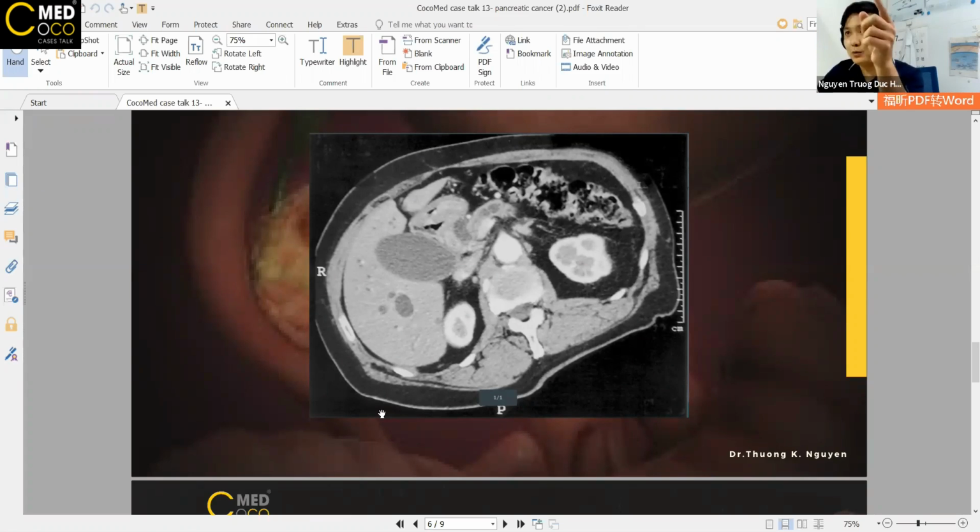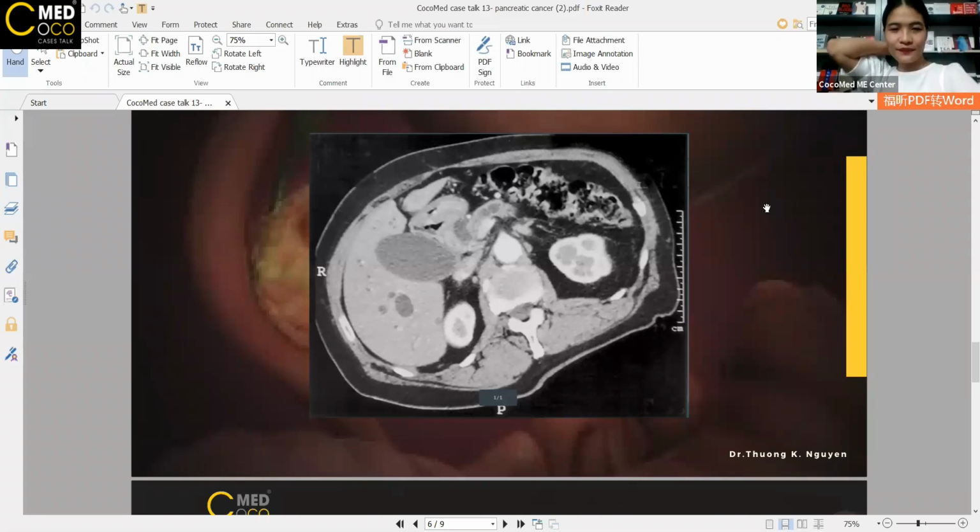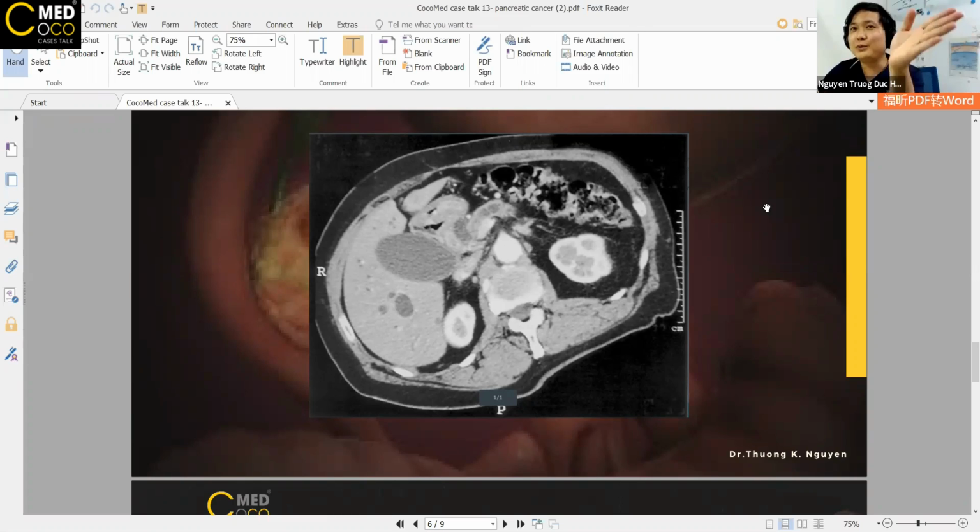In two cases, one person has weight loss of 4.5 kilograms and one person 6 kilograms. We say that it is abnormal, but when do we say that it is normal?